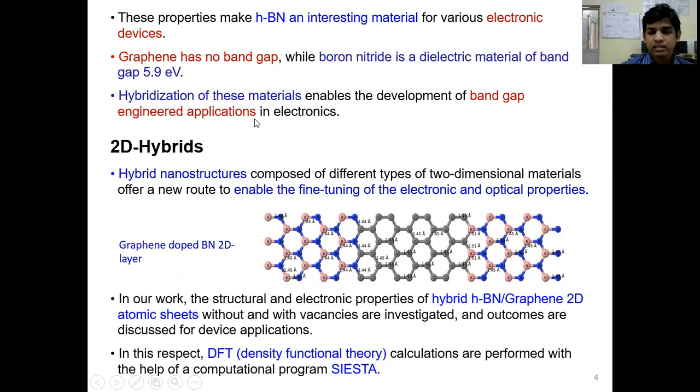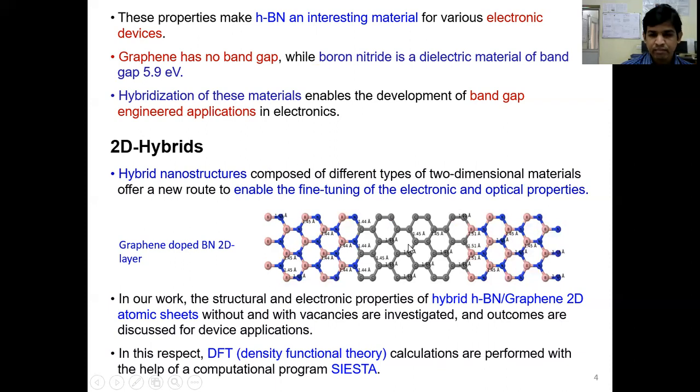When a graphene 2D layer is sandwiched in between the boron nitride 2D layers, or boron nitride molecules are replaced by carbon pairs or graphene layers, then we have 2D hybrids.